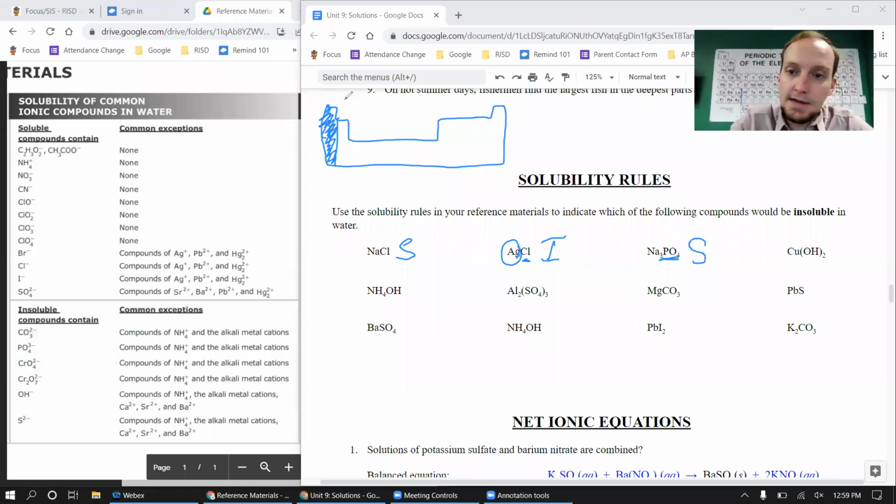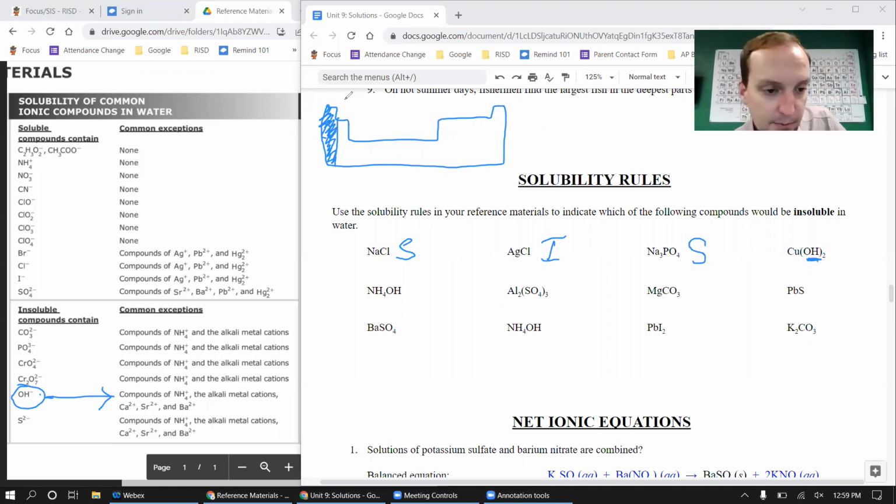Okay, next one. We have copper 2 hydroxide. So again, we'll look at the OH. Find OH. It's down here near the very bottom. It's in the insoluble section. It's bound to copper, and the exceptions for hydroxide are compounds of ammonium, any of the alkali metal cations, calcium, strontium, or barium.